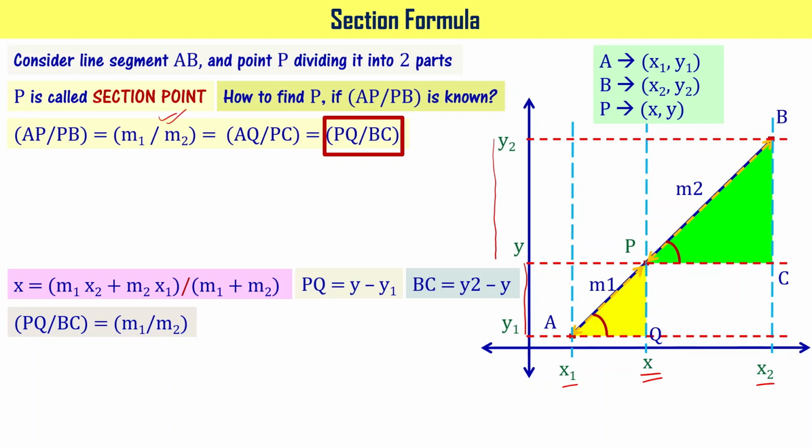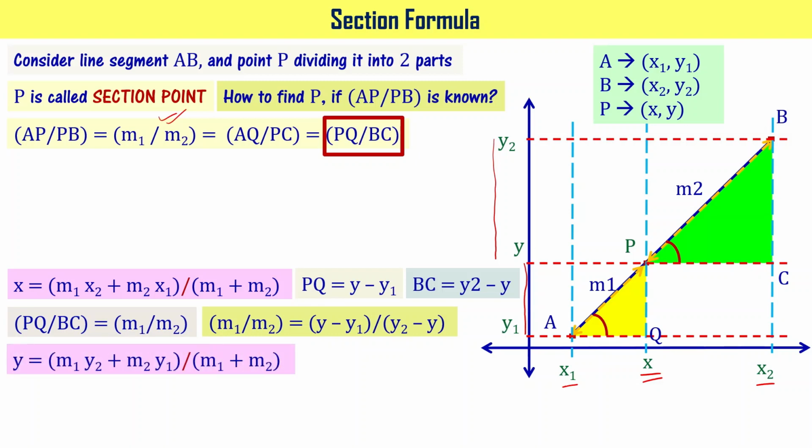So let me substitute PQ equal to y minus y1 and BC equal to y2 minus y, so that I can write it as m1 by m2 equal to y minus y1 divided by y2 minus y, right? When you rearrange this equation, you can write y as m1 y2 plus m2 y1 divided by m1 plus m2.